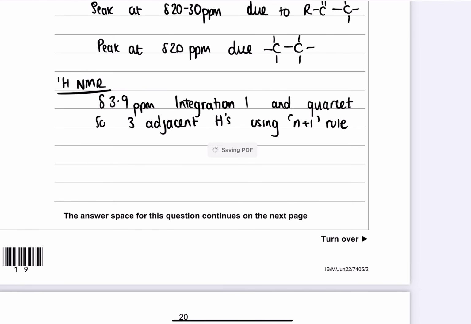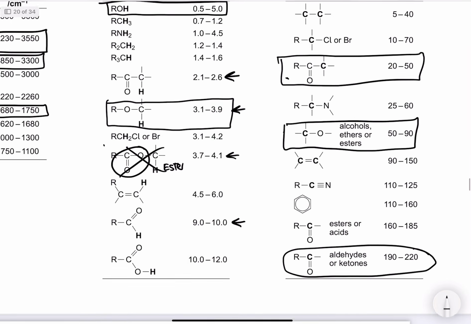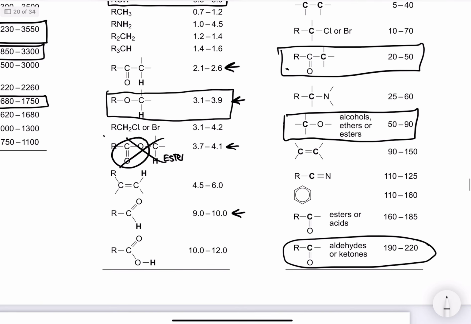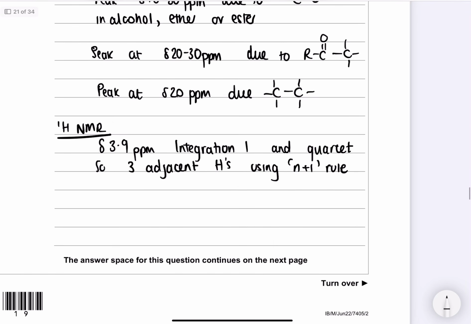And remember the type we looked up on the data sheet. So if we go back to our data sheet, this was the 3.1 to 3.9 type. So we're saying it was an ROC, integration 1, so 1H in this environment, and next to a 3, so next to a CH3.